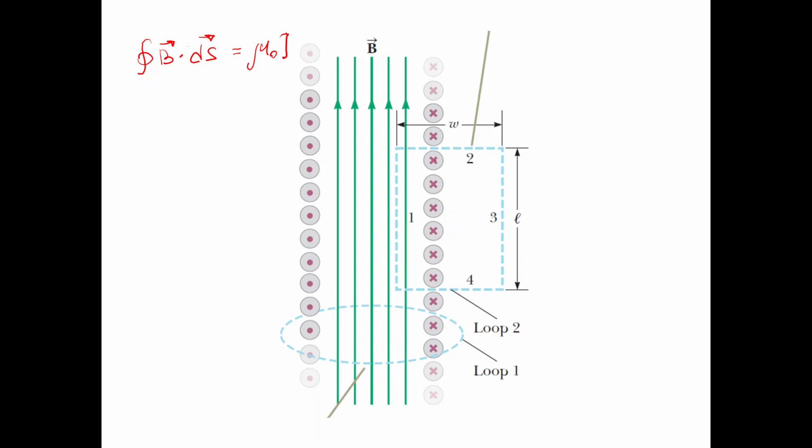Okay, now another question. The contribution originates from side 1 and side 3, and that's obvious because they are parallel to the magnetic field, so cosine 0 will be unity. In this case, we have just the product of the magnitude of the magnetic field vector and the length of side 1.